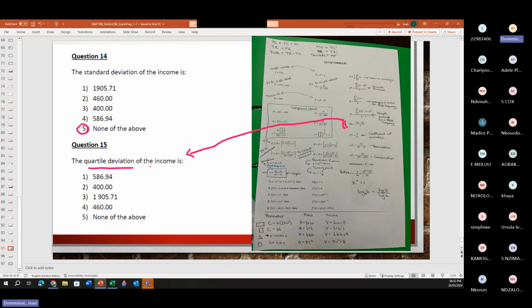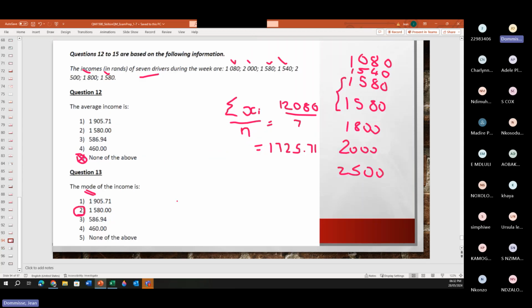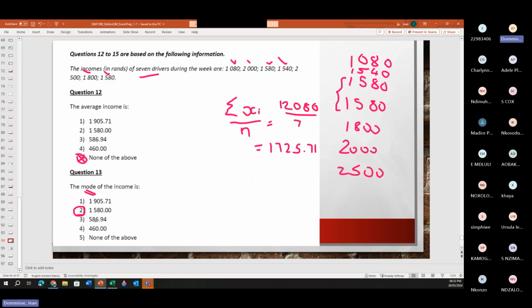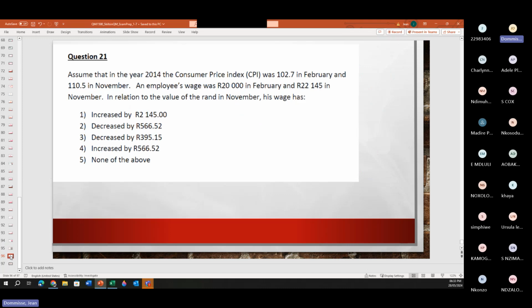But one can see we followed the processes, and it just feels that somehow the information is not even close. The only one that matched was 1580, but that's because it was double. There were two of them. For the rest, I think they made a mistake somewhere.